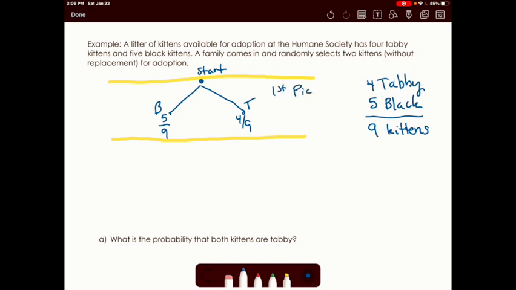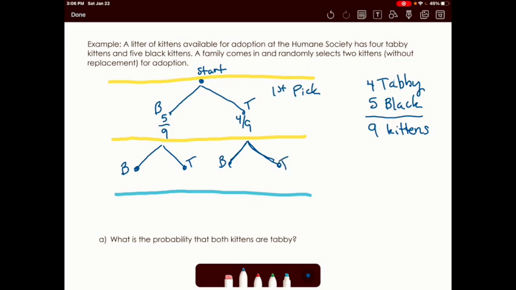So let me see if I can shade this the way the book does. Let me see if I can shade it a different color on the second pick. So for the second pick, we have 2 more possible outcomes. So I could pick a black or a tabby. Now, if I've already picked a black the first time, the chances of getting a black the second time is going to be 4 out of 8.